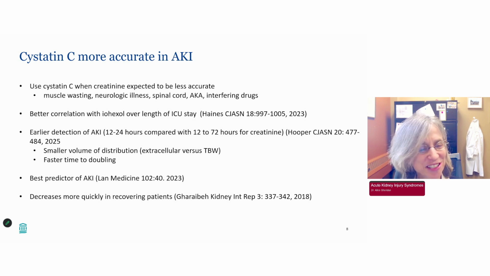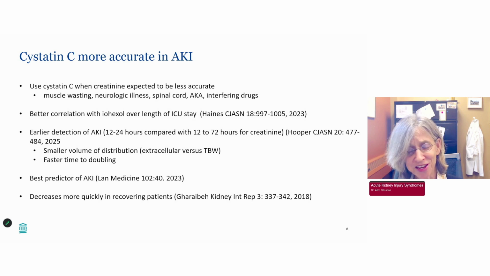This was an excellent study. It was a small study, fewer than 40 patients, but they measured the GFRs on admission in tandem throughout the ICU stay and then on discharge. And at select times, they did an iohexol clearance. And what they found was at the beginning of the ICU stay, the GFRs, estimated GFRs, were roughly comparable.